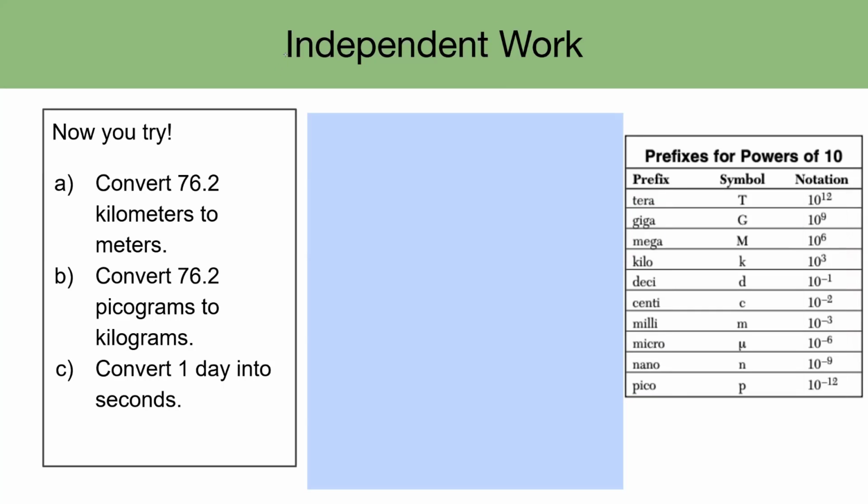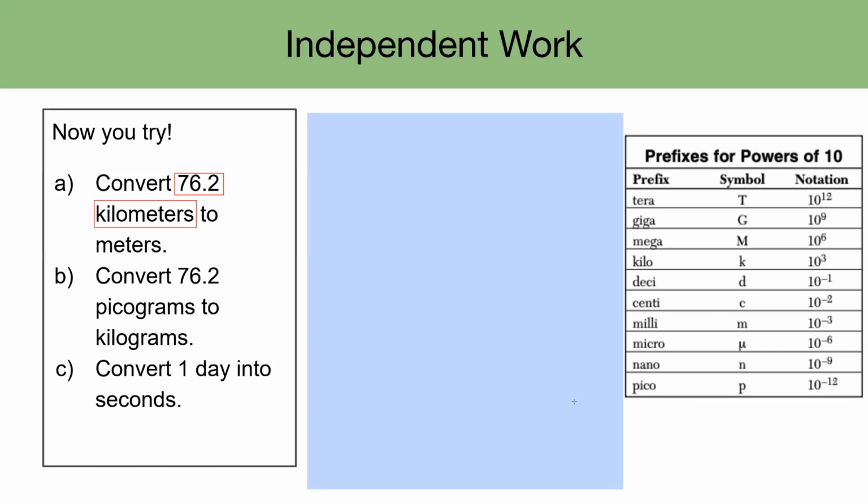So I'm going to do letter A right off the bat just to show you how to go about this. One thing to do directly is to find what you're going to be converting. Letter A says that we're going to be converting 76.2 kilometers into meters.